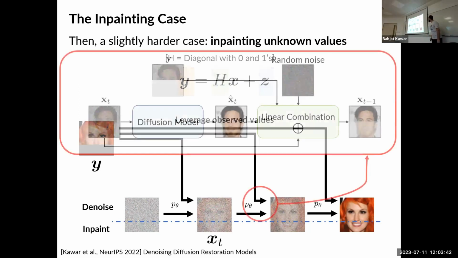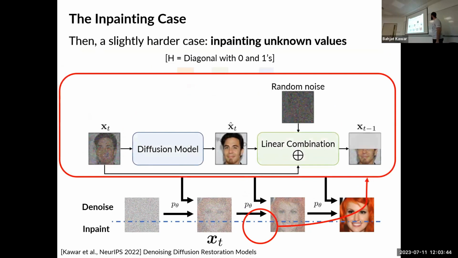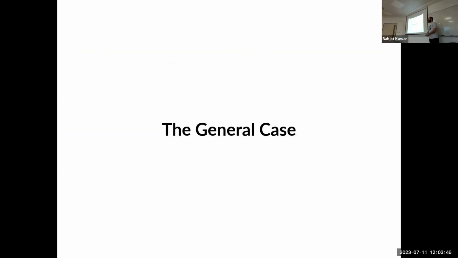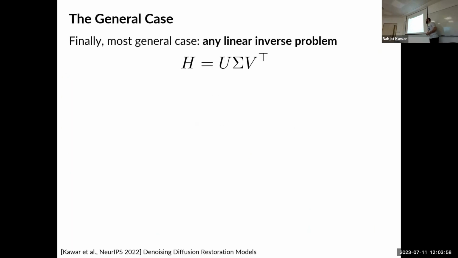Okay. All right. So now that we've solved denoising and in-painting, let's move towards the general case where we're trying to deal with any inverse problem, any degradation H. Now we're going to recall something from Mickey's course in bachelor's degree. Any matrix in the world, we can decompose using the SVD, the singular value decomposition.